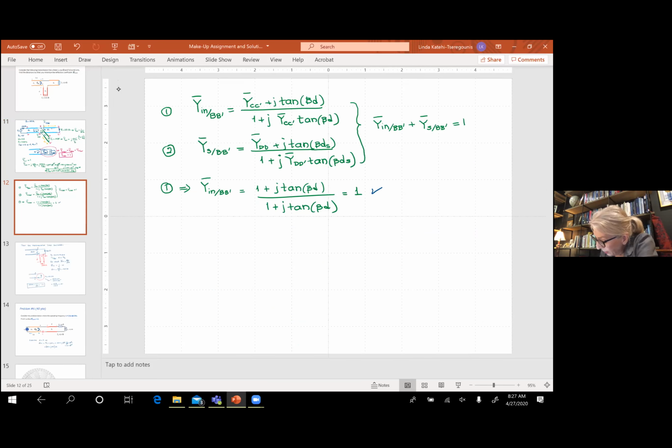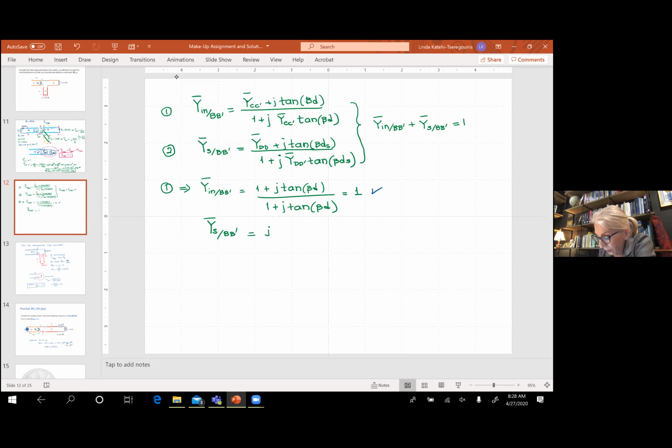Now let's look at the YS at BB prime. YDD is a reactive load, and we found practically that it is 0.0157.